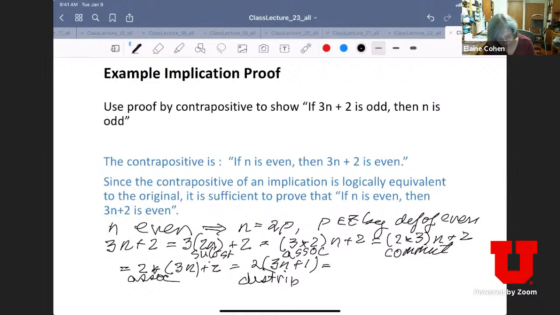And what is that? That's equal to 2 times k, k equal to 3p + 1 in Z by, what is it by? It's by closure. Did I spell closure? God, I wish I could.